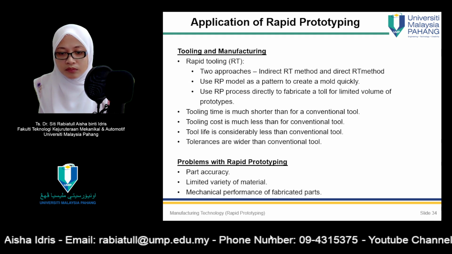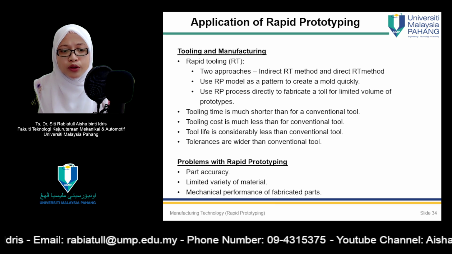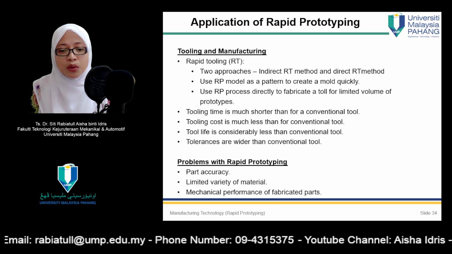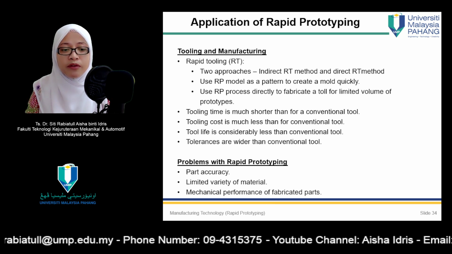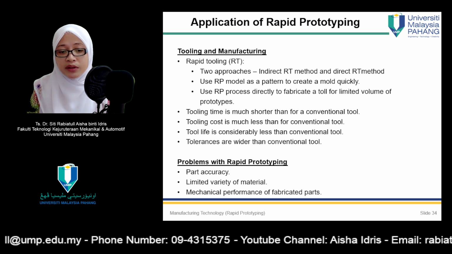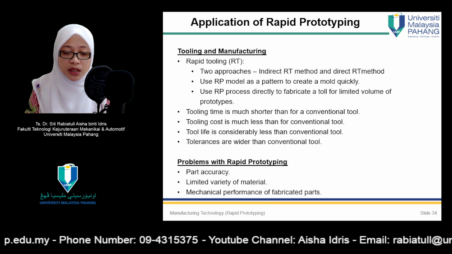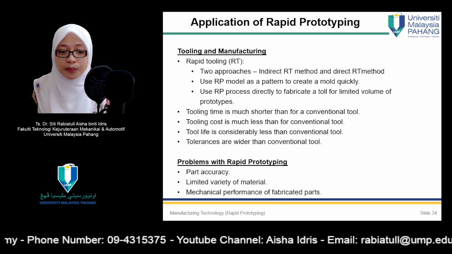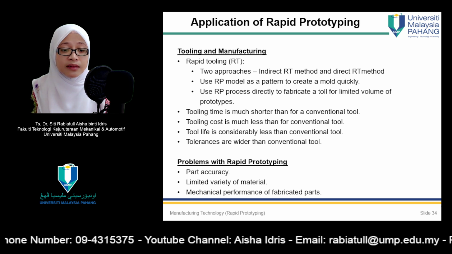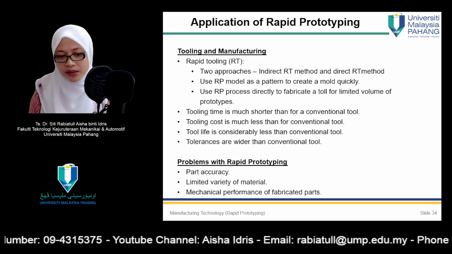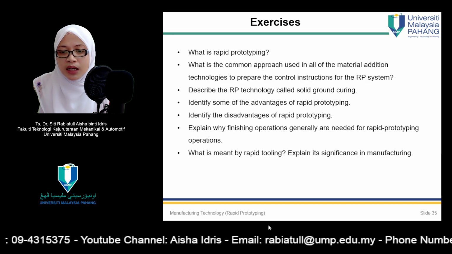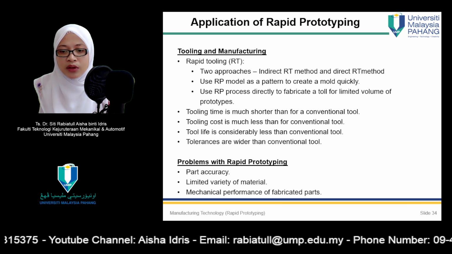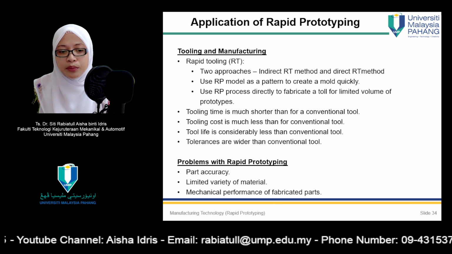Somehow, not all RP technologies can be used for all of these tooling and manufacturing examples. Interested readers should consult more complete treatments of the RP technologies for specific details on this and other examples as well. And last but not least, let's look at the problems with rapid prototyping.